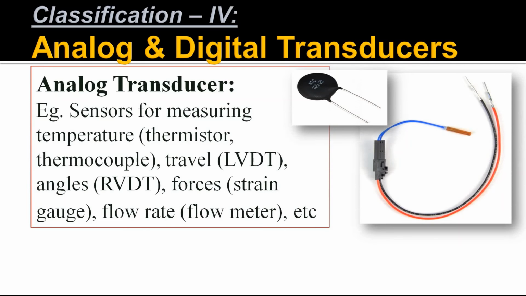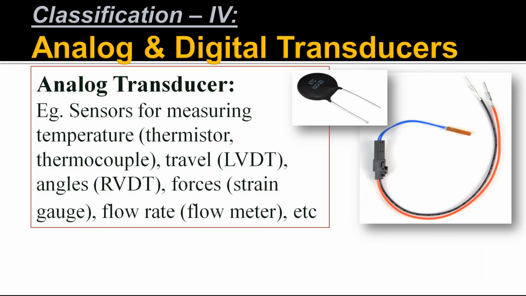Next classification is of analog and digital transducers. In analog transducers, the analog signals are continuous functions of time. Therefore, the input quantity to an analog transducer is an analog signal.